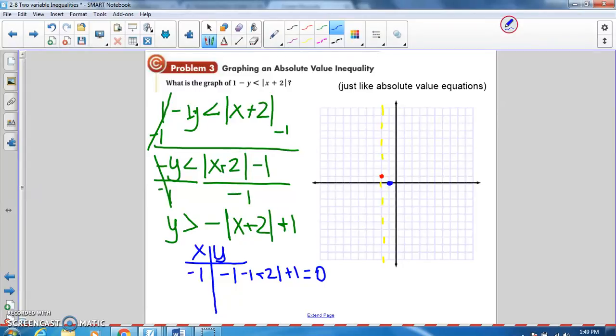And I'm going to plug in 0. 0 plus 2 is 2. The opposite of the absolute value of 2 is -2, plus 1 is -1. I'm going to reflect those points, and I am going to also continue my line out.